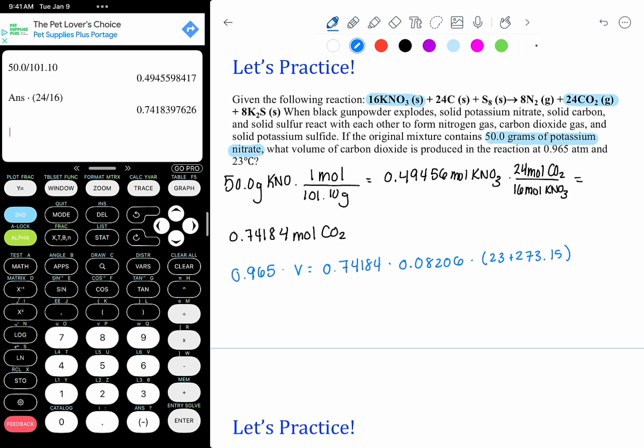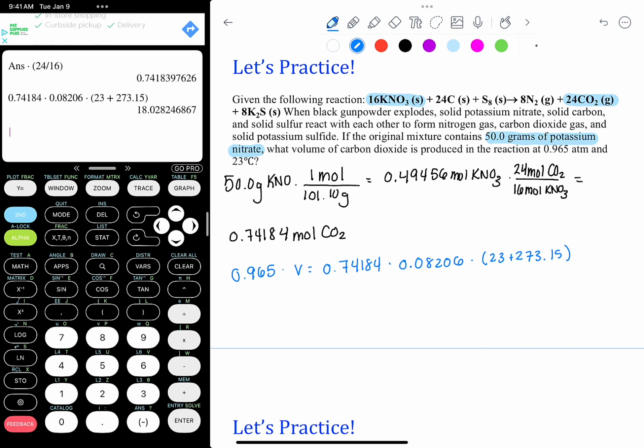So we take 0.74184, multiply that by R, 0.08206, times 23 plus 273.15.